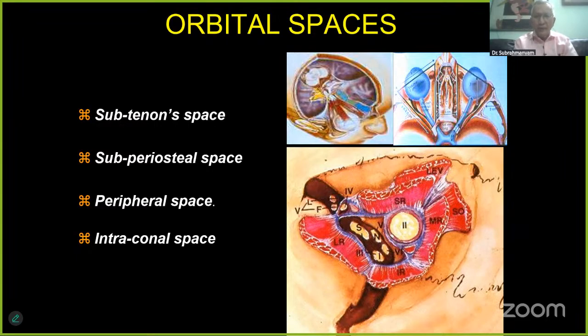Then the remaining space is divided into 2 huge spaces. They're the peripheral space and intraconal space, divided by the extraocular muscles and the septum or connective tissue.